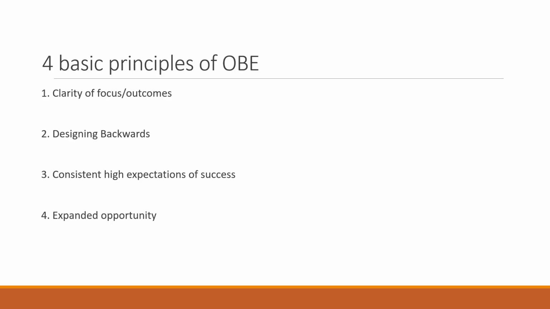beginning of the class. Now, what are the basic principles of outcome-based learning? The first one is clarity of focus on the outcomes. In this, everybody, both the learner and the teacher, is clearly focused on what the outcome is supposed to be. Of course, you would have informed your students what you expect them to know.